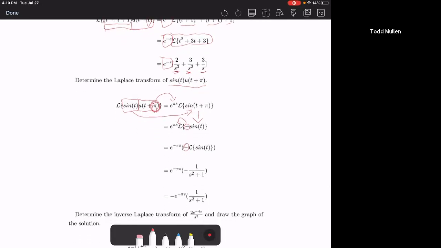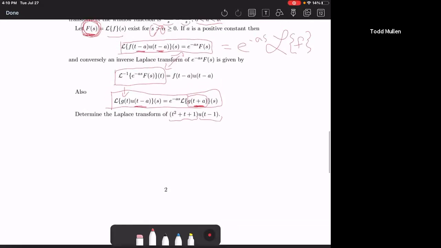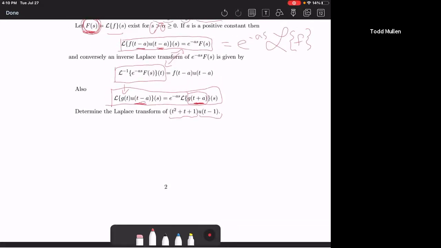There is a mistake here. I've gone from saying positive pi s to negative pi s. Clearly, only one of those is correct. So let's revisit this and figure out which one it should be. We have sine of t times u of t plus pi. Let's go back up to our form. We expect t minus a, but we got t plus a, we got t plus pi. So here, where it should come in as a negative pi, since we have a plus sign here, it's clearly going to come in as a plus pi.